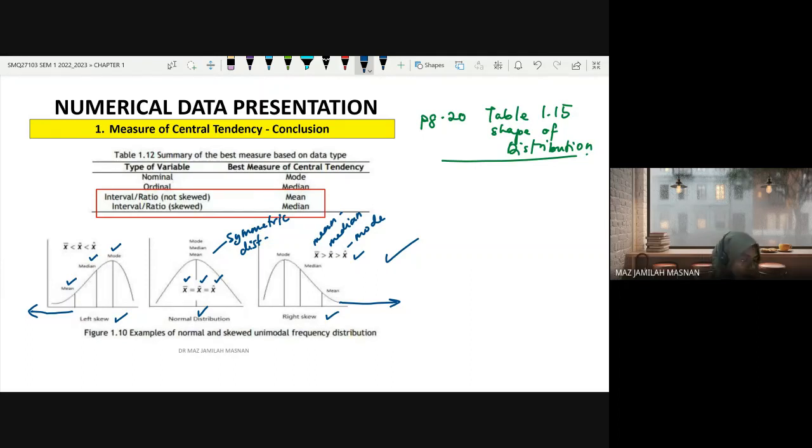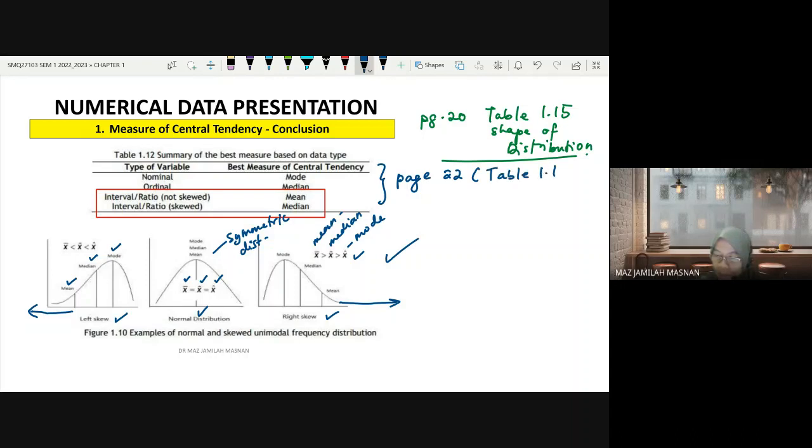Class, if you look at measures of central tendency, look at page 22, Table 1.16.